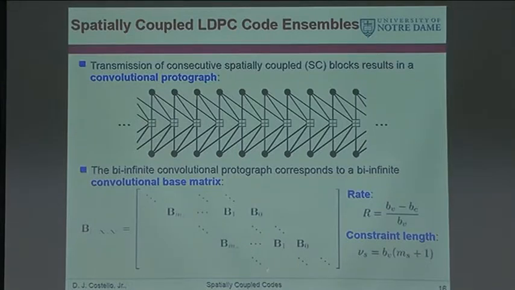And we have the corresponding bi-infinite convolutional base matrix, which is exactly what we showed in the last class. So this does correspond to the way we looked at it previously. The rate is now, instead of B over C, it's BV minus BC over BV, and the constraint length is again given by the number of variables in each column of this matrix times the memory plus 1.